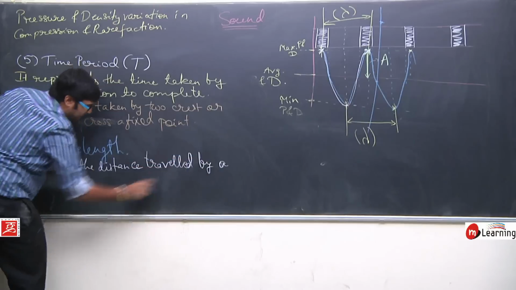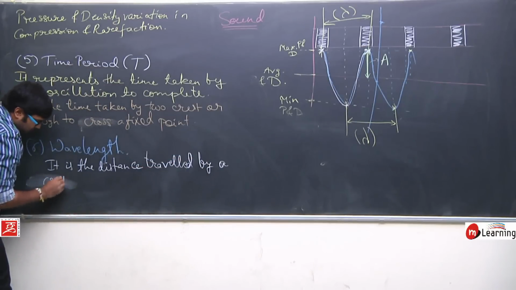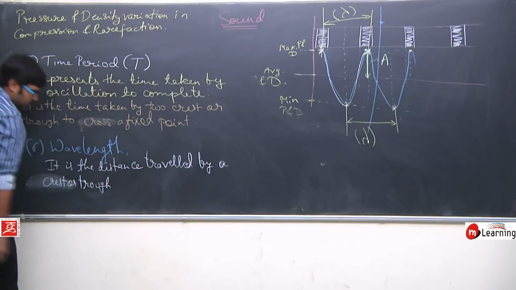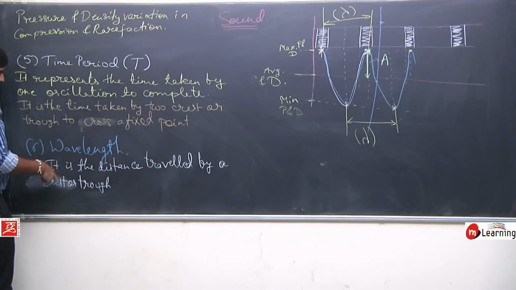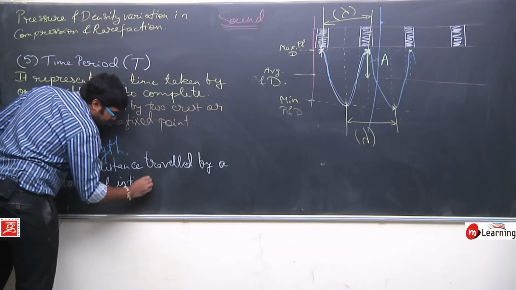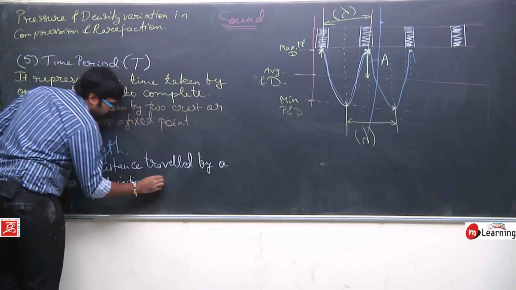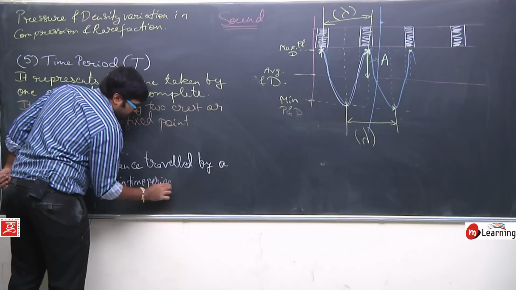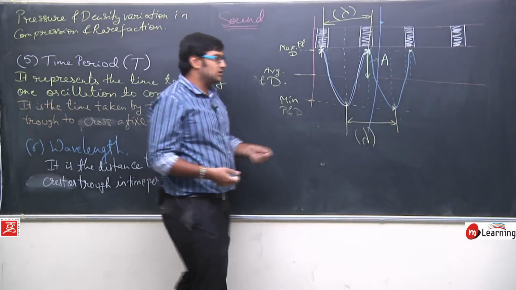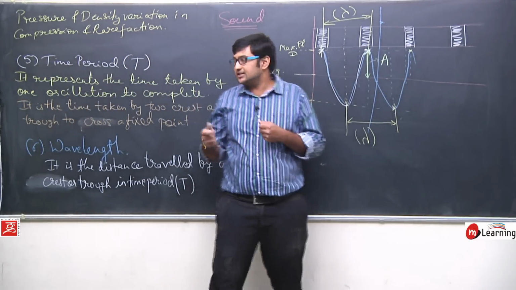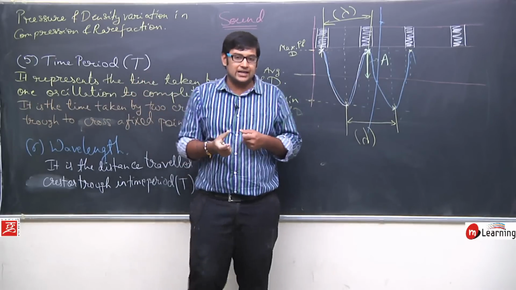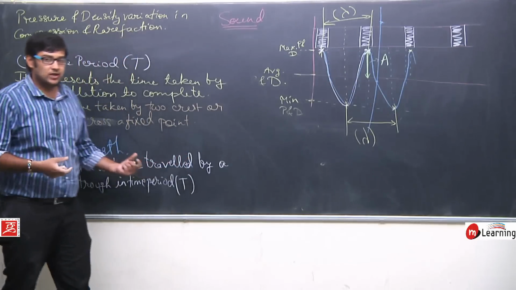It is the distance traveled by the crest or trough in time period T. So the distance that a crest or trough travels in T units of time will be known as the wavelength.